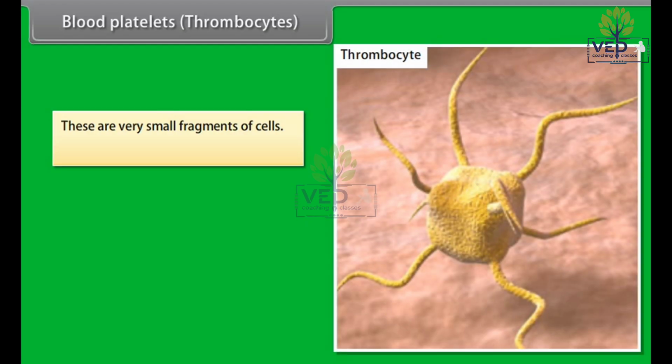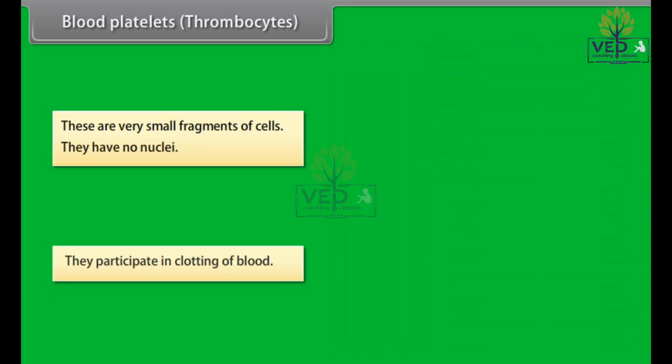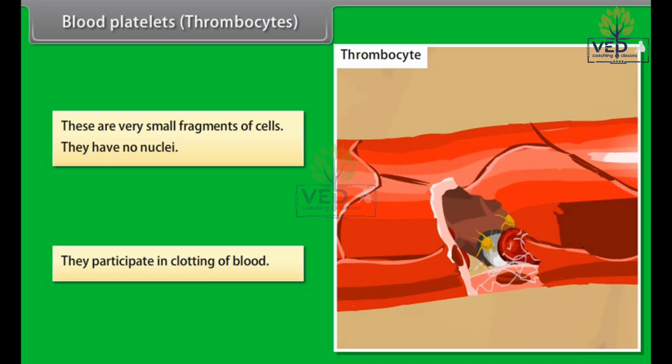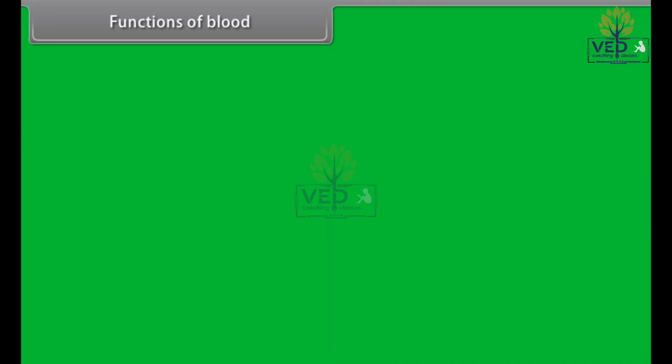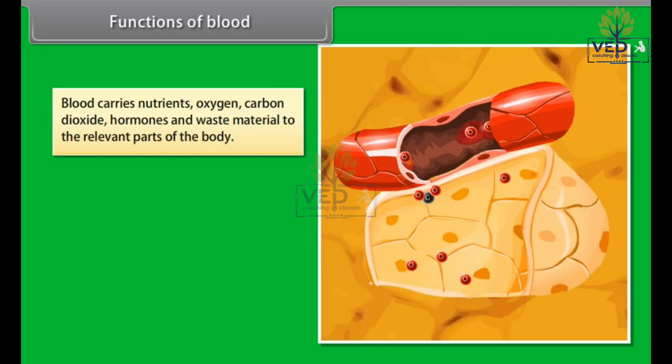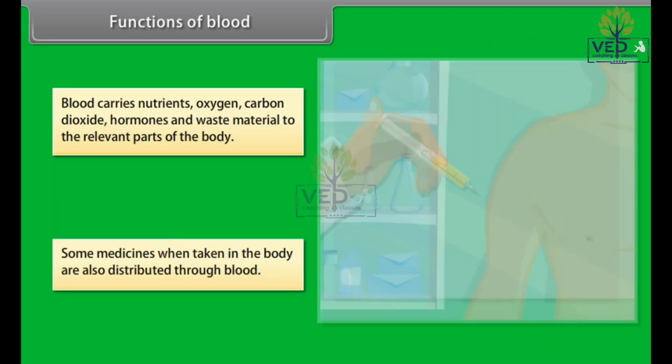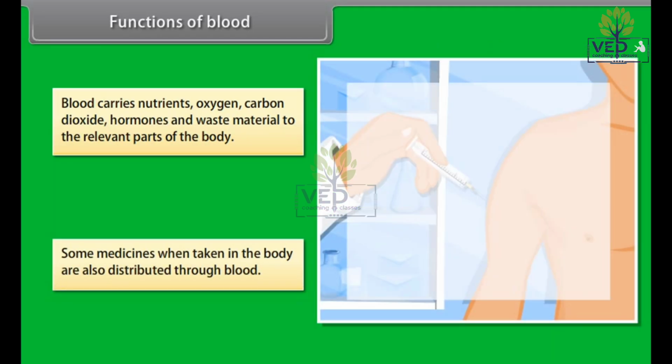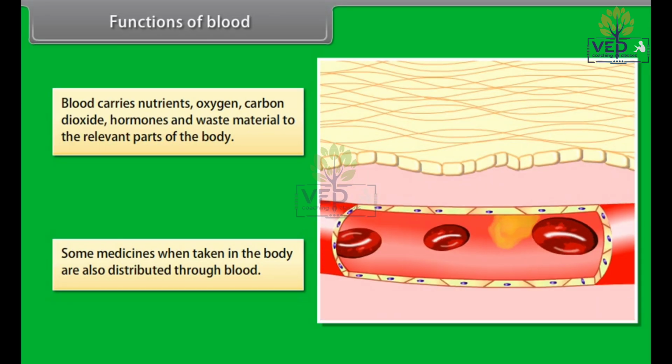These are very small fragments of cells. They have no nuclei. They participate in clotting of blood. Functions of blood. Blood carries nutrients, oxygen, carbon dioxide, hormones, and waste material to the relevant parts of the body. Some medicines, when taken in the body, are also distributed through blood.